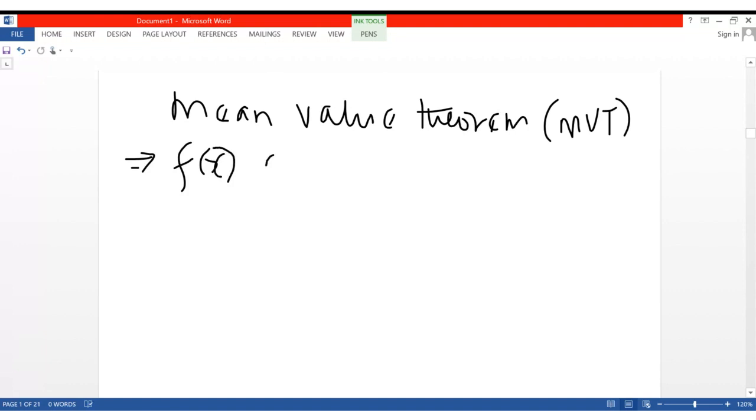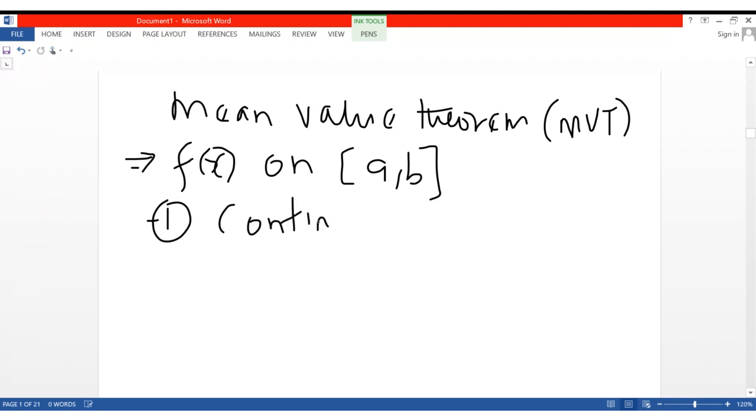on a particular interval AB, and if this function f of x, number one, is continuous on the interval AB, the same as the first thing.